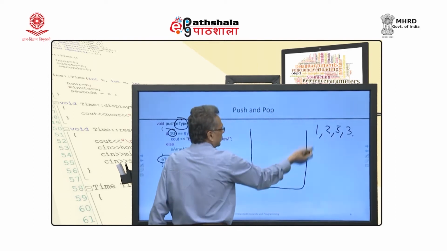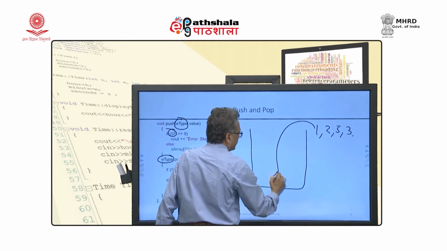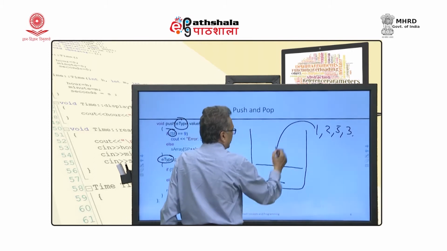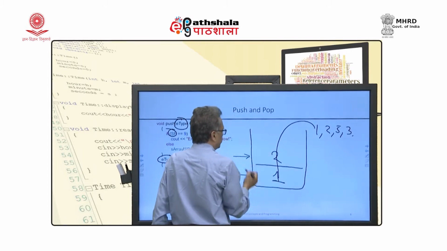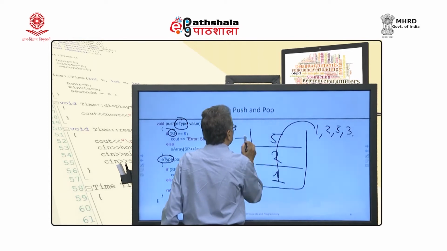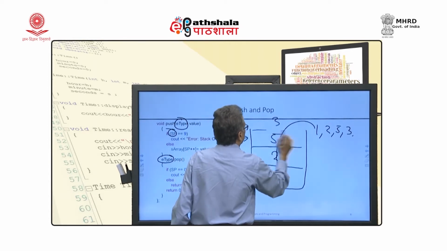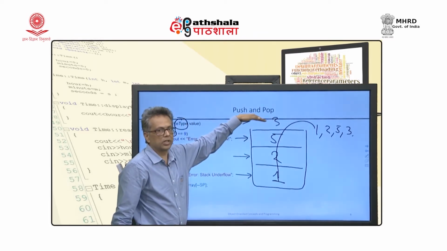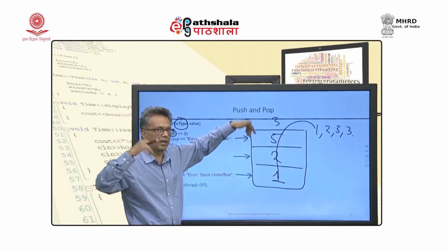It is inserted like this. 1 is inserted at the bottom and this is called the stack pointer. In the beginning it is here. Then you insert 2, so the stack pointer moves up. Then you insert 5, so the stack pointer again moves up. Then 3, so the stack pointer is moved here. So, the stack pointer always points to the topmost item or the last inserted item.